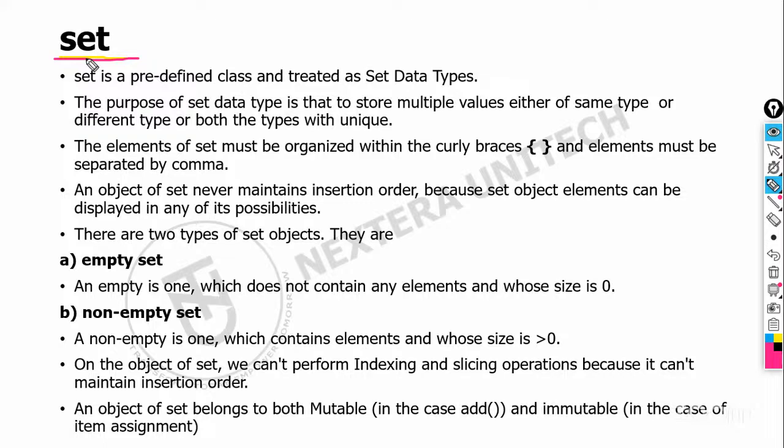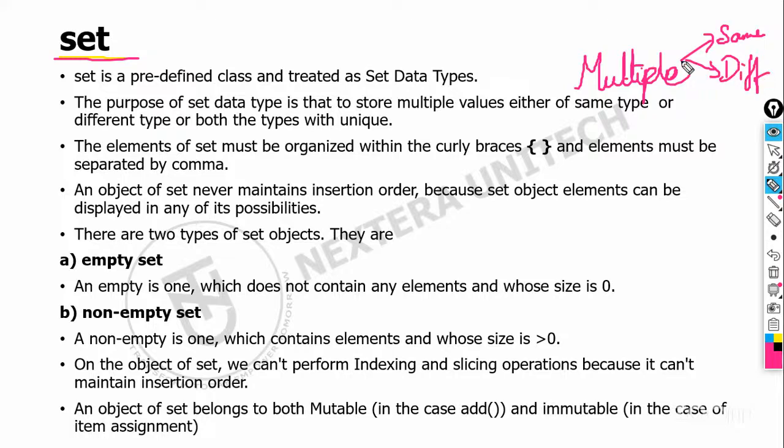The purpose of set category data types is to store multiple values. These multiple values can be of the same type or different types. Both are accepted.